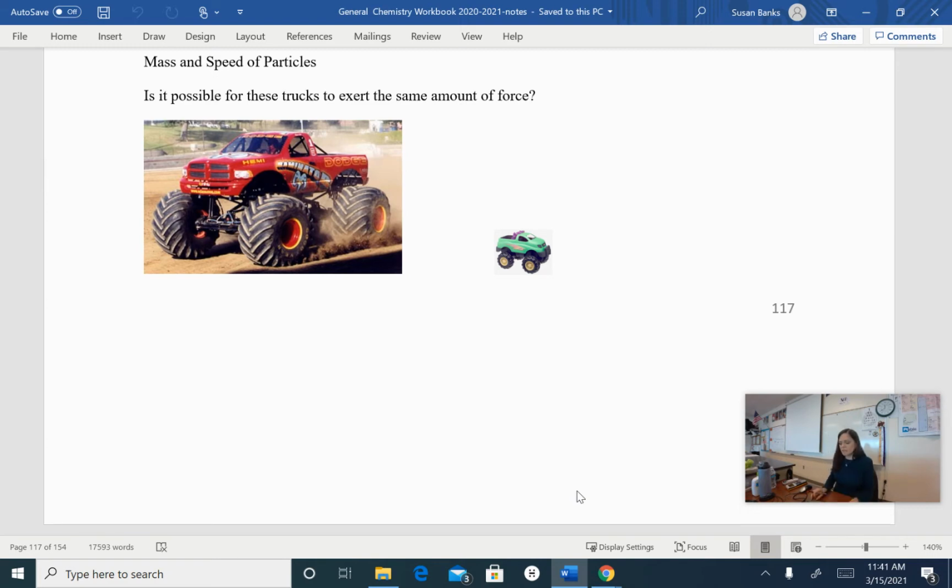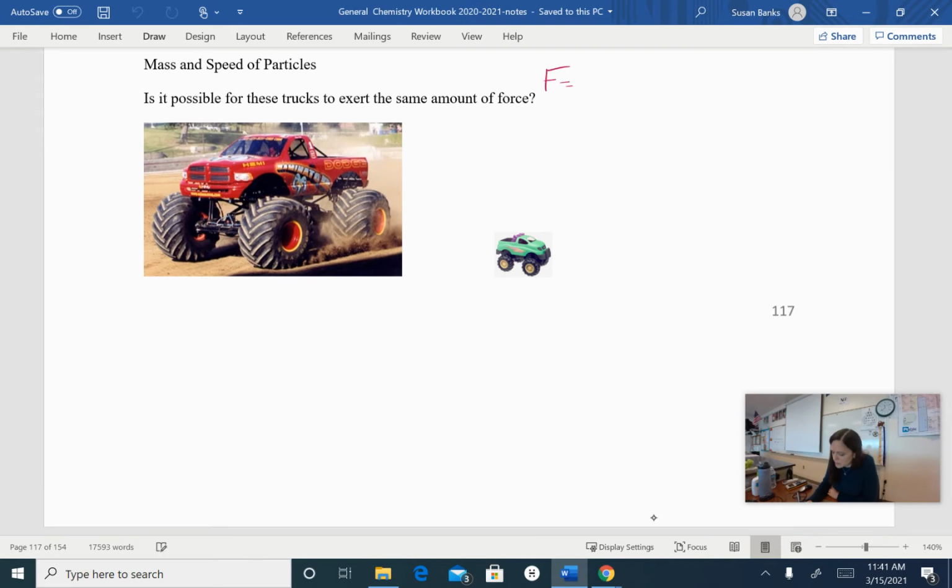Now, if you've taken physics before, you know that force is equal to the mass of that object multiplied by the acceleration of that object. The mass of this monster truck is probably about 4 tons, and the mass of this toy truck is probably about a pound, maybe a pound and a half. Is it possible for me to get the force of those two trucks to be the same?